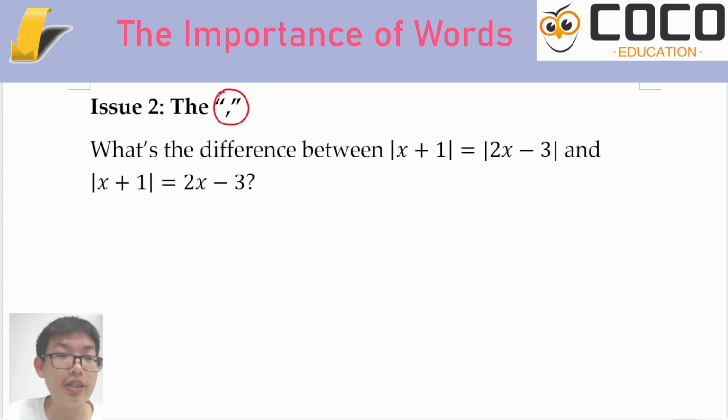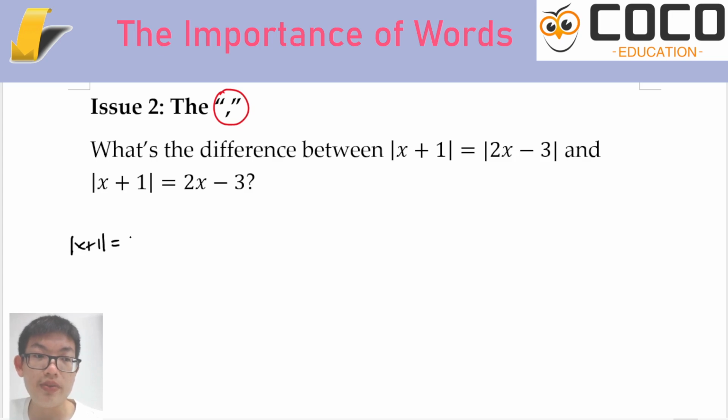I have a very simple example here that is not going to cause too much of a problem, but I just want you to think about those commas and even the word "or" a bit more carefully. Now, in both of these situations, what you are likely to do is say, oh, this means that this is going to be 2x minus 3.